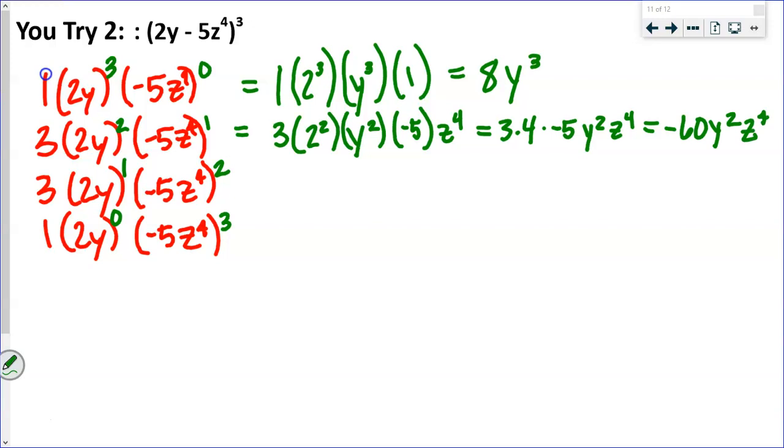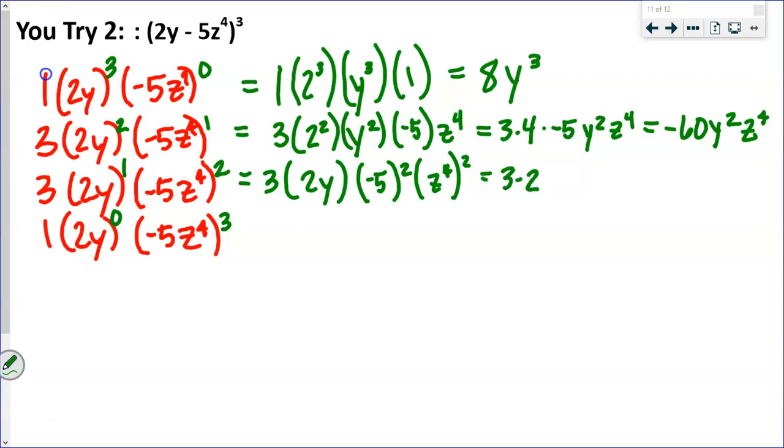All right, next one, 3 times 2y. I don't have to take any power, that's the first power, so that's easy. Then I got a negative 5 squared, and I got a z to the fourth squared. Okay, so now we got 3 times 2, negative 5 squared is going to be 25.